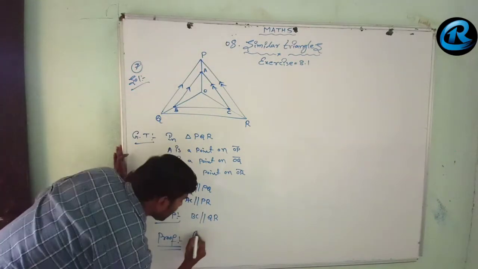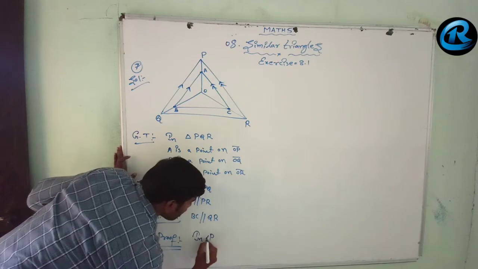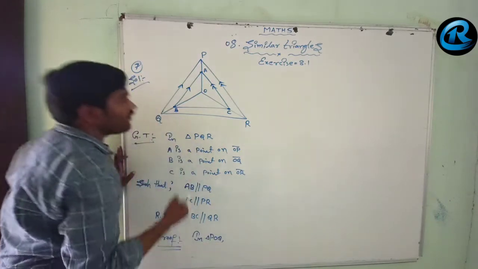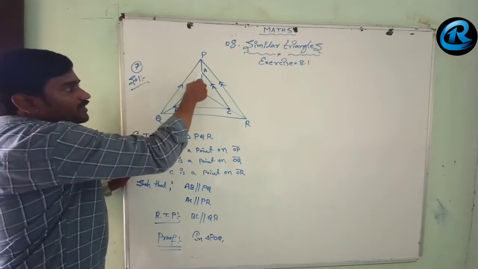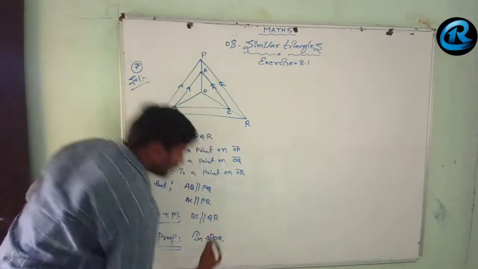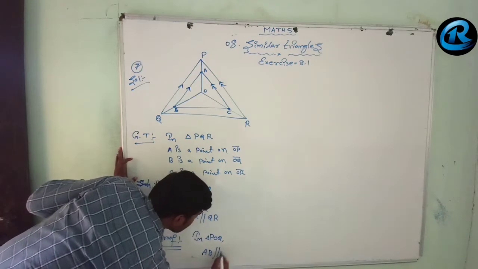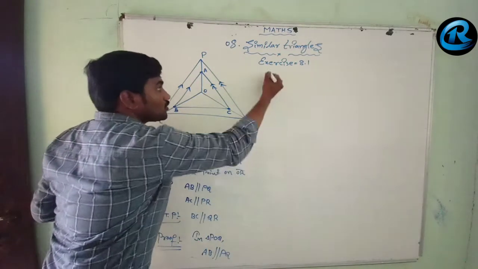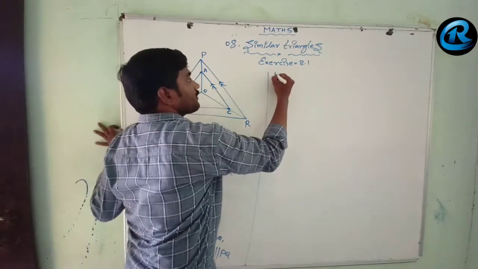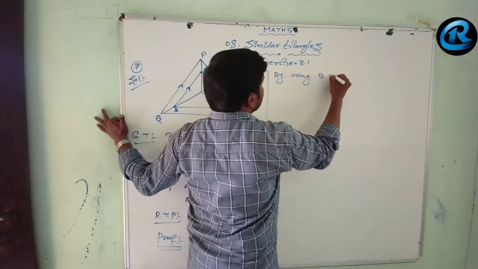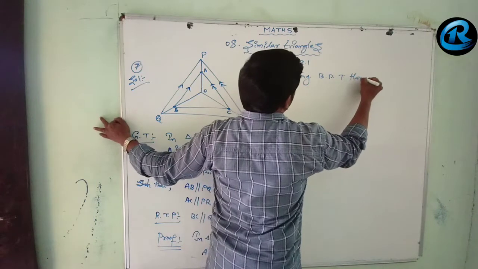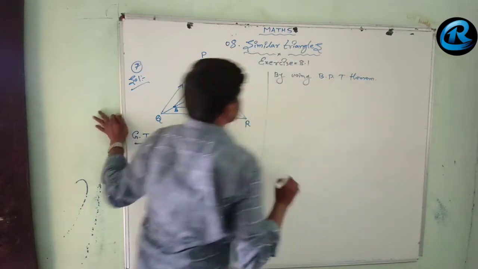POQ. In triangle POQ, where in this POQ triangle, here AB is parallel to PQ. AB is parallel to PQ. So by using Bpt Theorem, what we can write by using Bpt Theorem here?